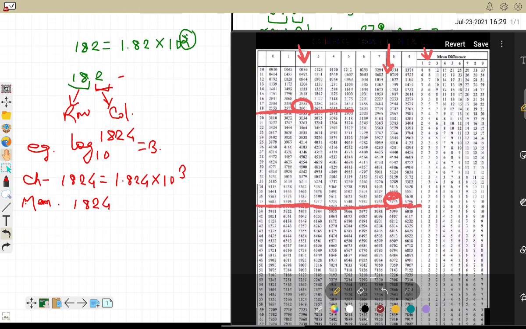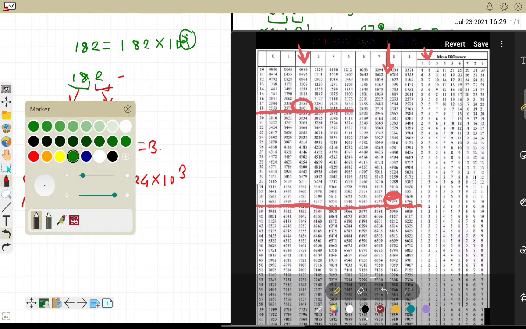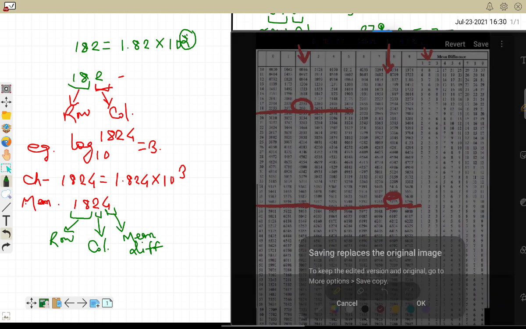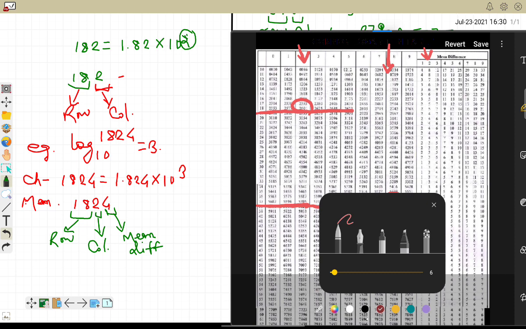If 4 digits are given, then the first two are applicable for the row, the third one is applicable for the column, and in the log table you can check the last, fourth one is applicable for the mean difference. This one is applicable for the mean difference. So you can check in this one is for the mean difference.